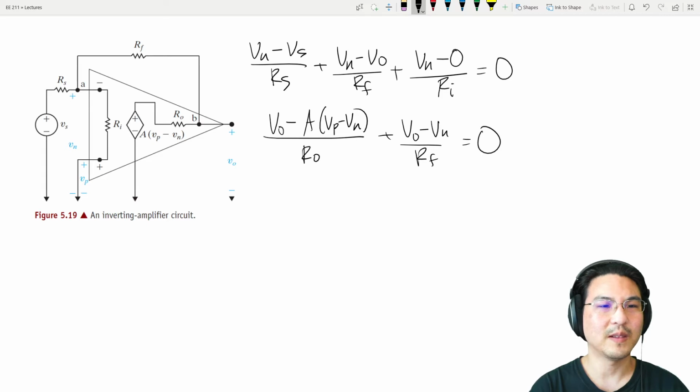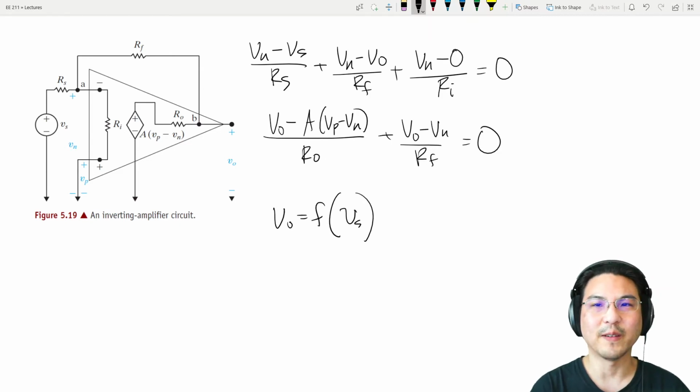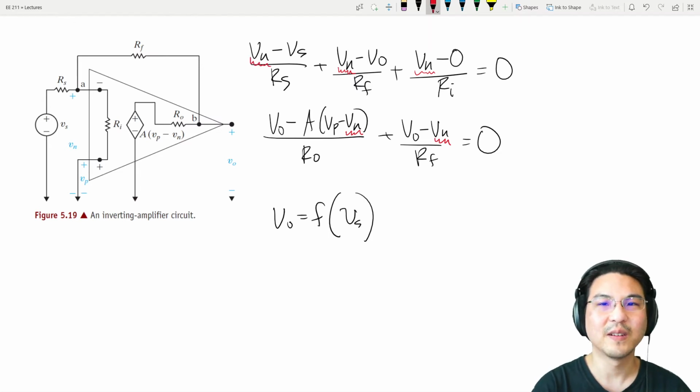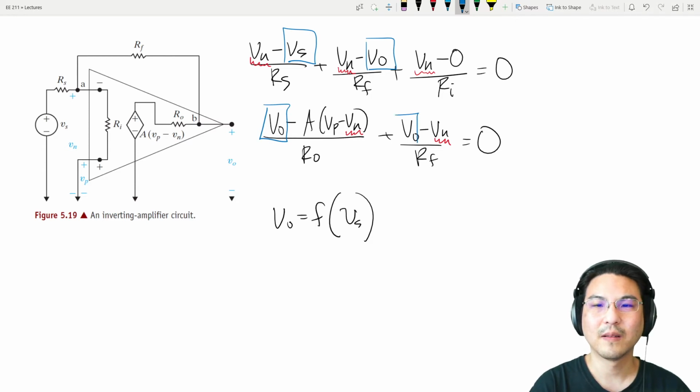so the goal is to write the output as a function of the input. But then we have another unknown here, Vn. Right, so we just need to solve one equation for Vn and substitute into the other, and then we're left with two unknowns, the output and the input.